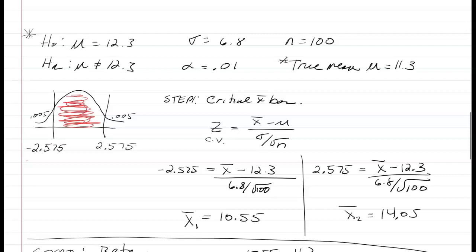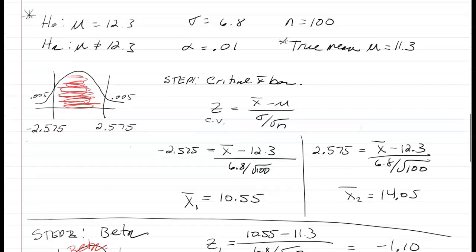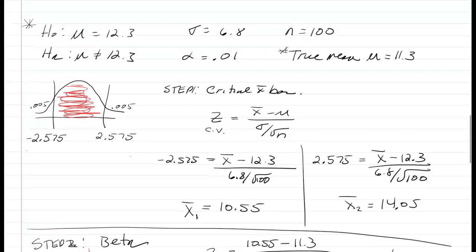Pause. Something's wrong. That 11.3 seems really far off from the 12.3. So you would think your beta would actually be a little smaller and your power would be larger. But the problem here is we have such a large standard deviation that if the true mean was 11.3, you'd still have a hard time rejecting this hypothesis.